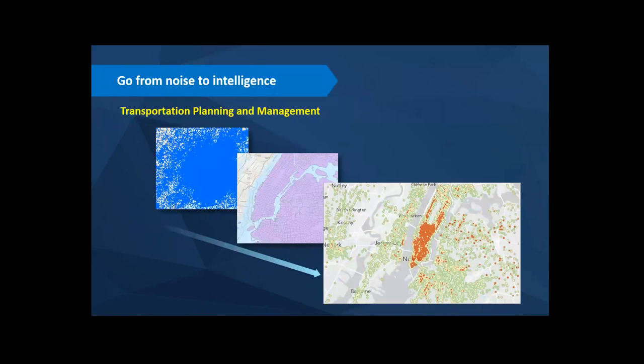So what kinds of scenarios would you likely need to go from noise to intelligence, where detecting patterns and trends would be important? They range from transportation planning and management, where vehicular or commuter traffic modeling from past and existing traffic data could show important patterns and trends.